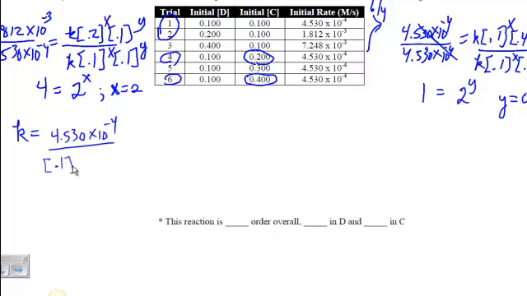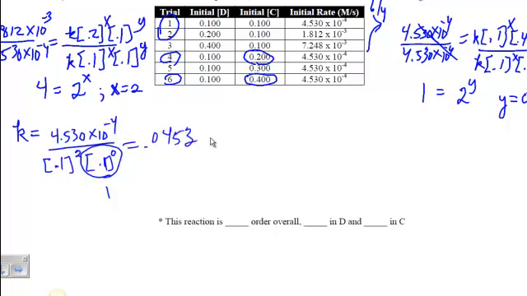Again, D is second order, so 0.1 squared, and then C is 0 order, so that ends up being 1. Anything to the 0 power equals 1. So this simplifies to 1. And you should get a constant of 0.0453.